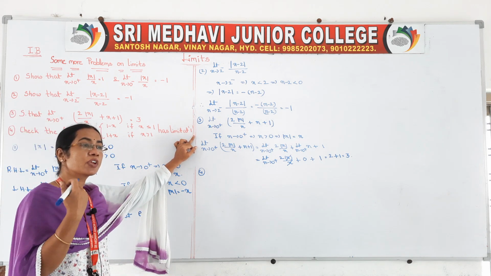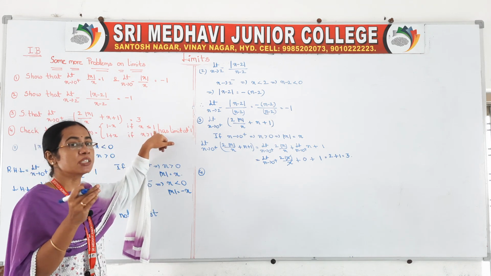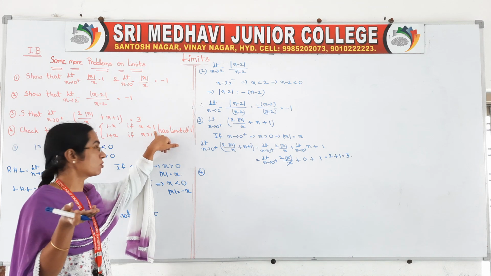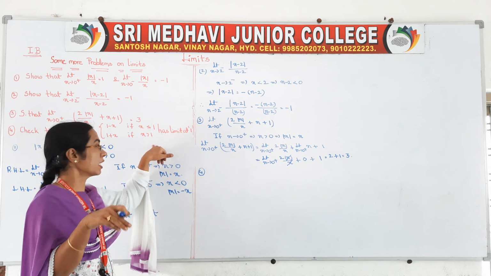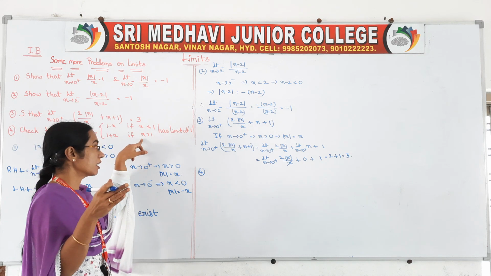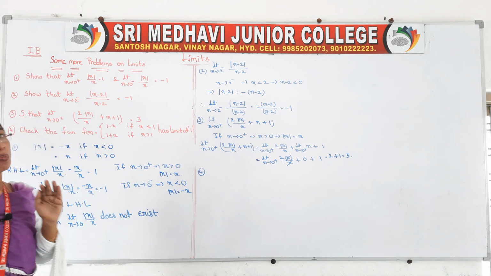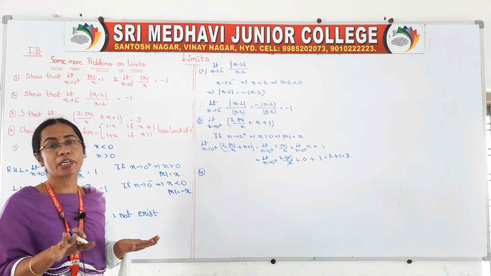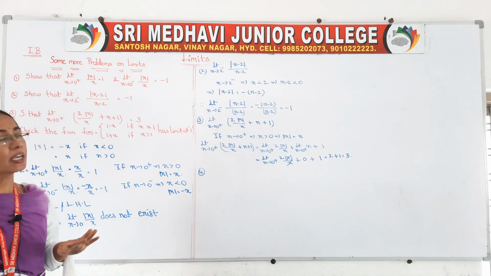Here, less than 1 means we will take the left hand limit at 1, and greater than 1 means we will take the right hand limit at 1. If both are equal, then that limit exists. If both are not equal, that limit does not exist.